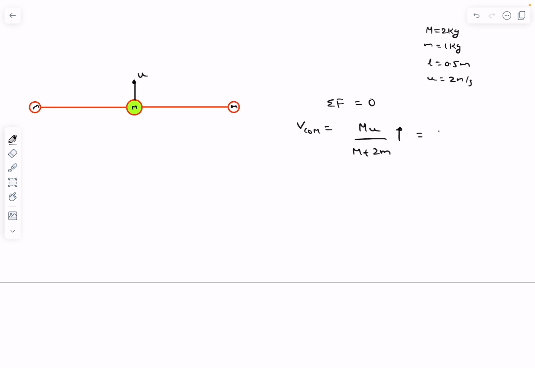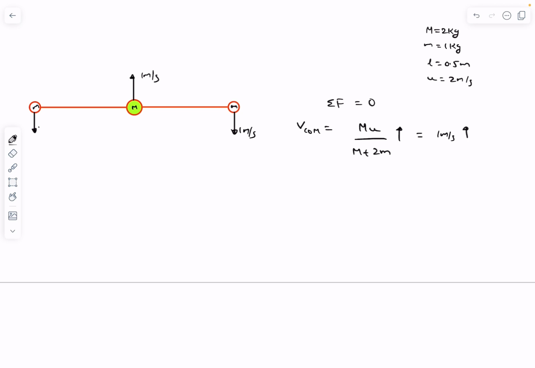If you substitute it, it comes out to be 1 meter per second upwards. I'm just going to directly write everything over here. In the center of mass frame, what we have to do is subtract VCOM from each of these masses. U was 2 meter per second upwards, so if you subtract 1, it will have 1 meter per second.